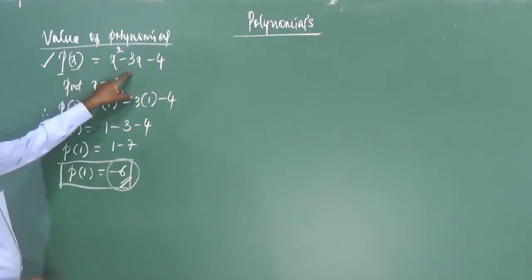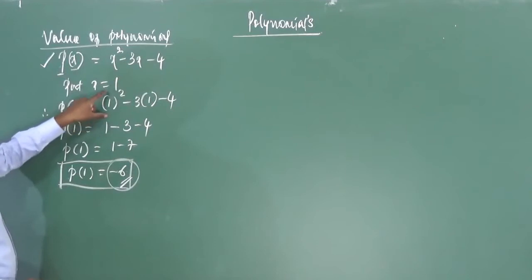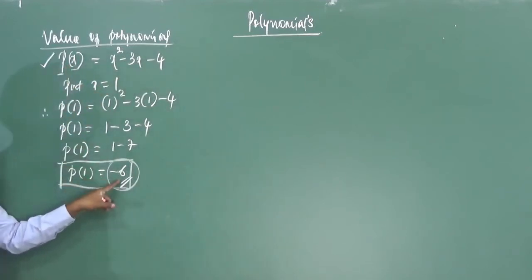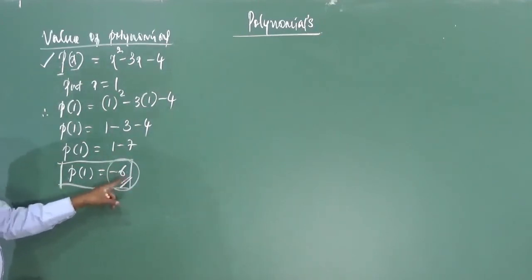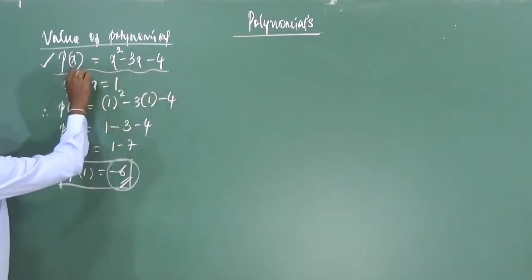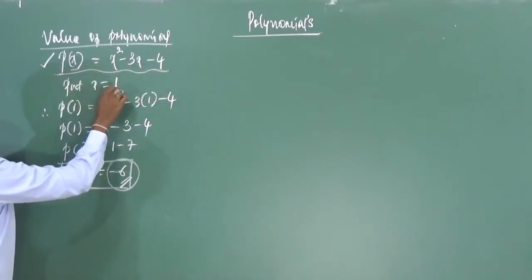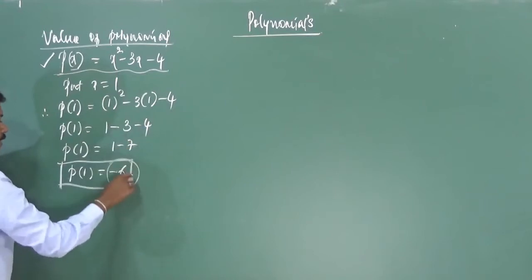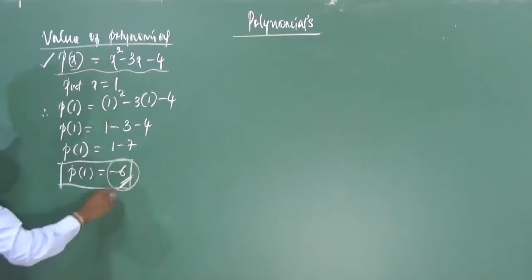In this polynomial, if x is replaced by 1, then the value of the polynomial is minus 6. Once again, a polynomial was given to you, you substituted 1 in place of x wherever it is, you simplified that, and you got this solution, that is minus 6.